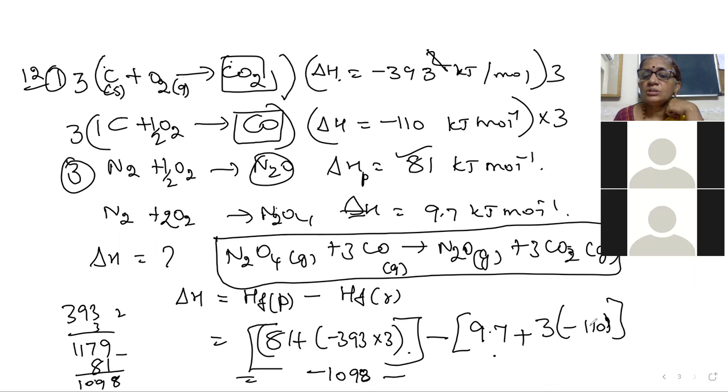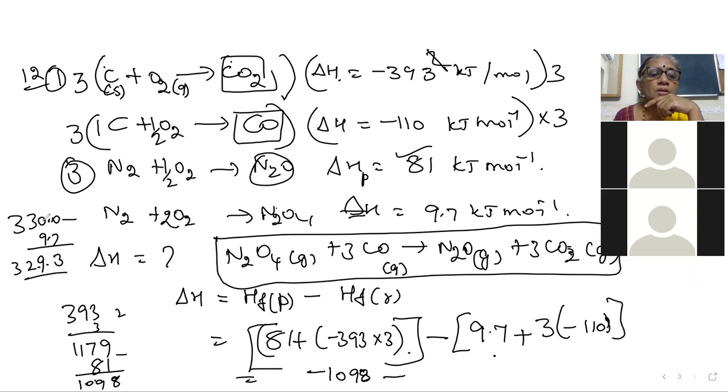Minus, what about this? Minus 330 plus 9.7. So here again you have to subtract. How much is it? 329.3 will come, isn't it? 320.3.